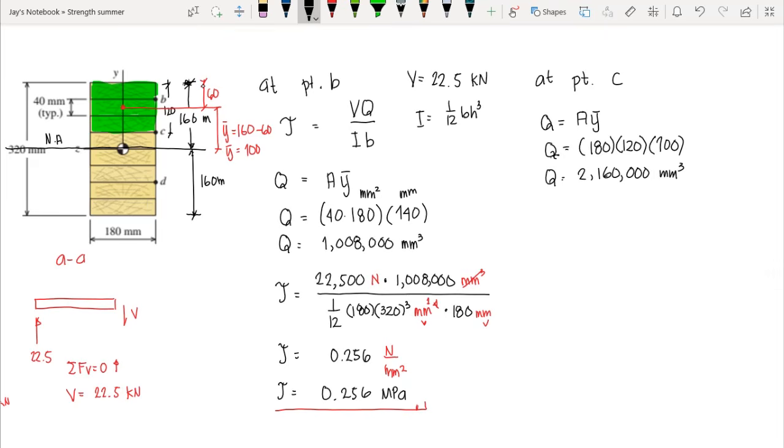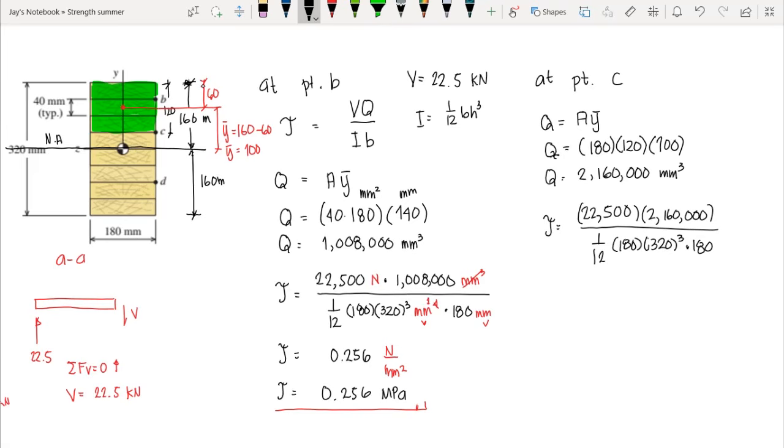Correct? So our shear stress is equal to our internal shear at section AA, that is 22,500 times Q, that is 2,160,000, over our I. Our I, since this is a rectangular, 1/12, 180 times 320 cube, times our width of our shear area, that is 180.